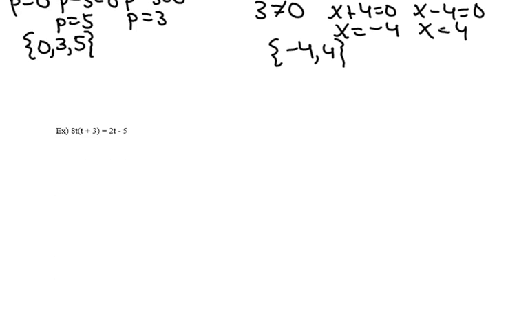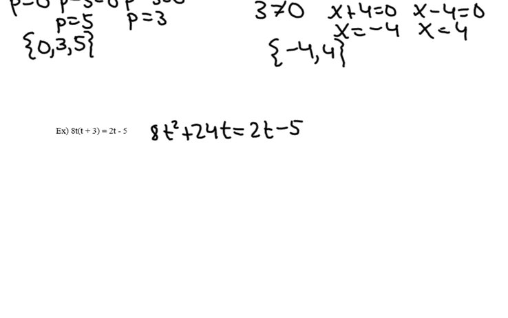One other example I want to take a look at is this. Right now, that does not look like a quadratic equation. So there are going to be multiple steps I'm going to have to do even before I can try to solve by factoring. Step 1, I should distribute the 8t to both the t and the positive 3. So let's do that first. I'll write that here as 8t squared plus 24t equals 2t minus 5.